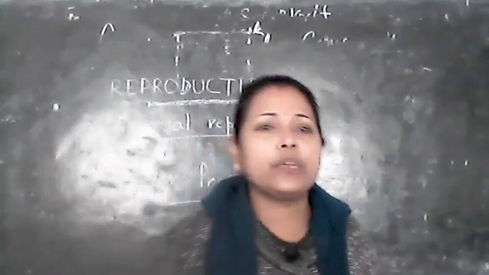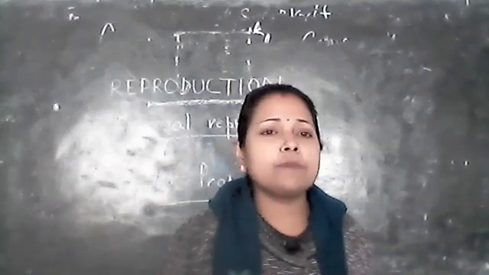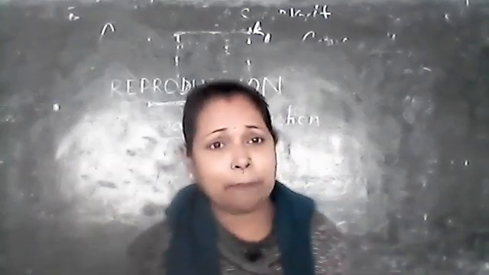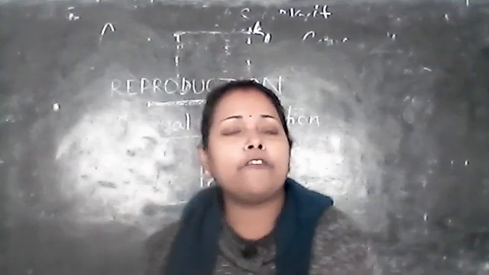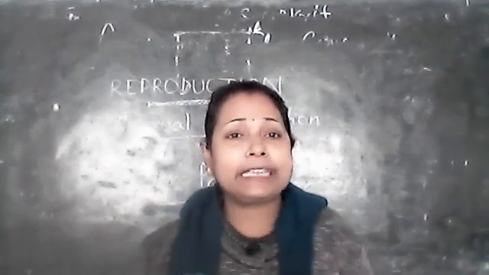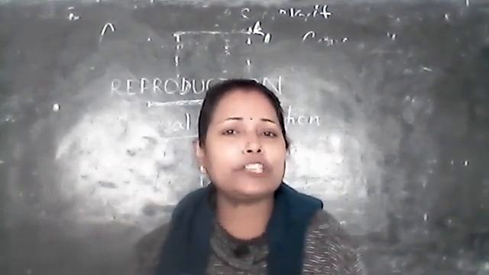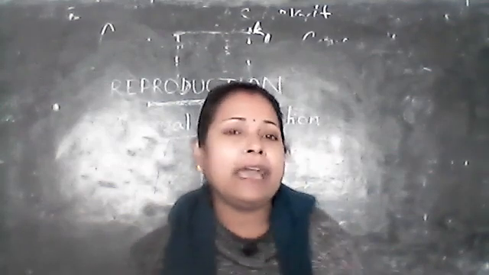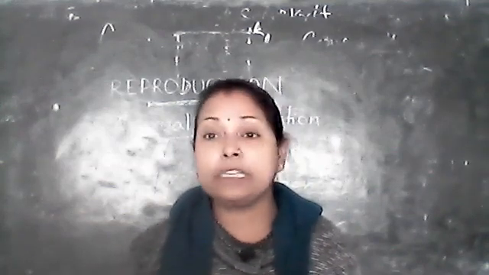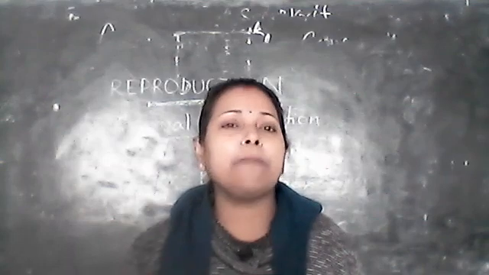Okay, very good, this is the correct answer. It is a type of asexual reproduction in which a small outgrowth arises from the parent body. When that outgrowth grows and attains its full length, it detaches from the parent body, and then the process is repeated. Okay, this is budding.